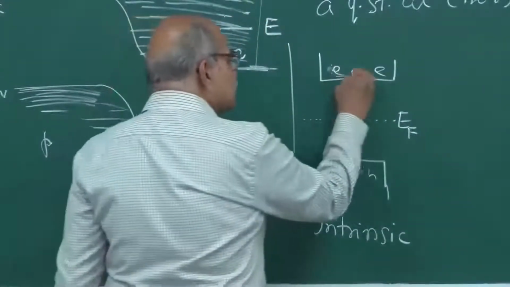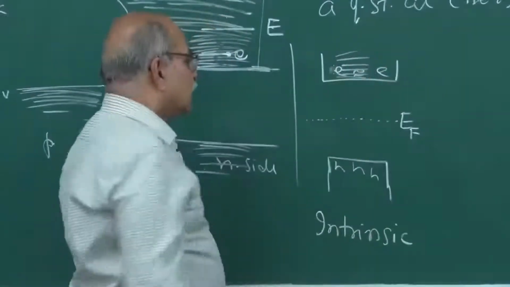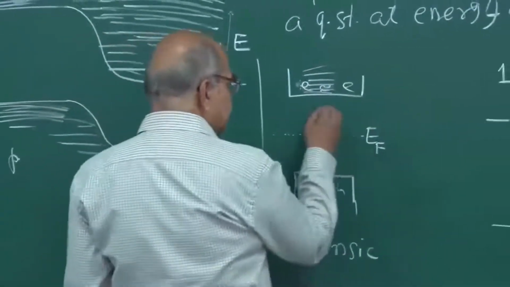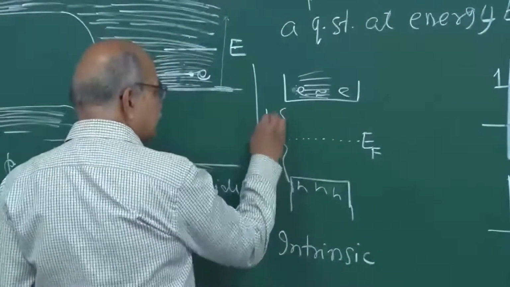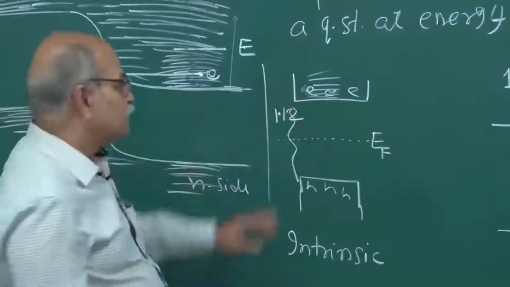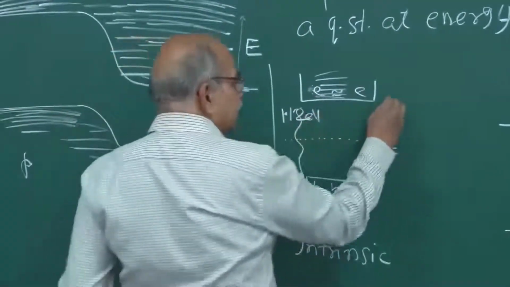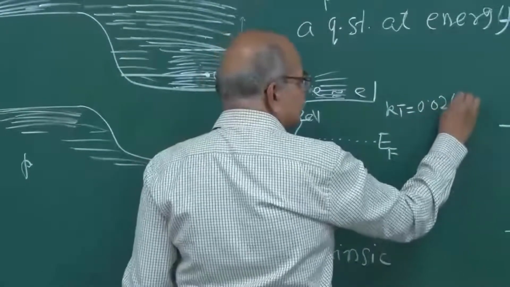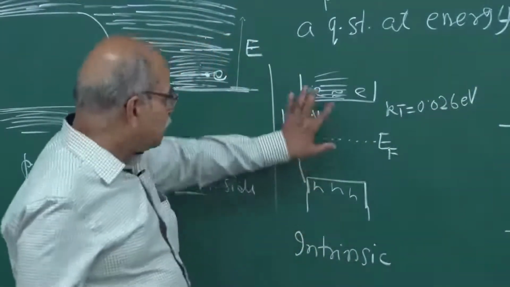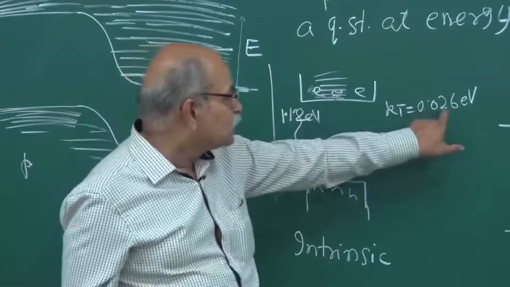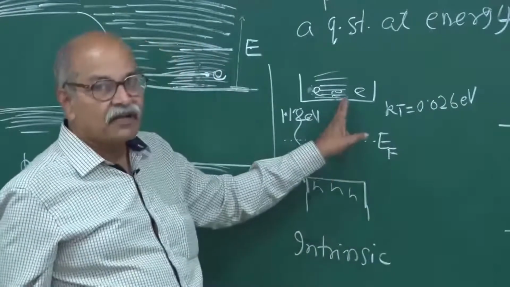So these quantum states are far away from here. Far away means, for silicon, for example, this gap is 1.12 eV, so half the gap will be 0.56 electron volts, and kT at room temperature is 0.026 eV. So it's far away.